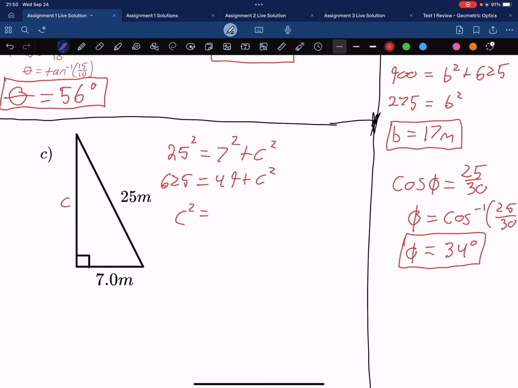So if I subtract 49 from both sides, I get 625 minus 49, which is 576. Square root both sides. I got the square root of 576, which is exactly 24.